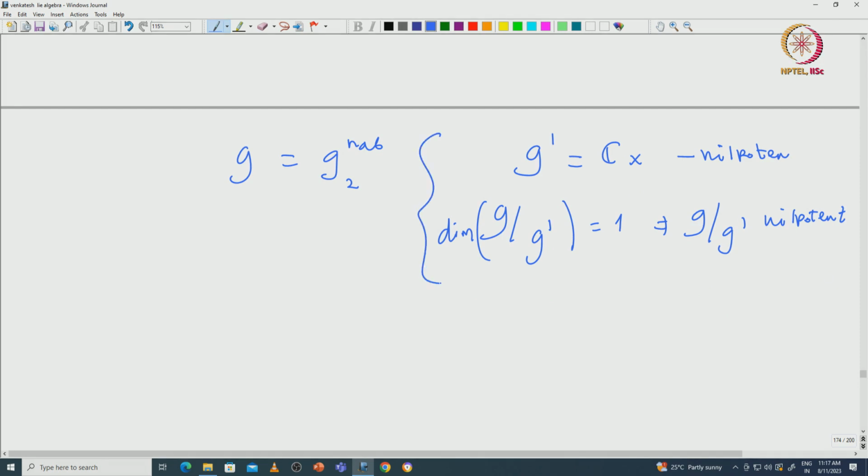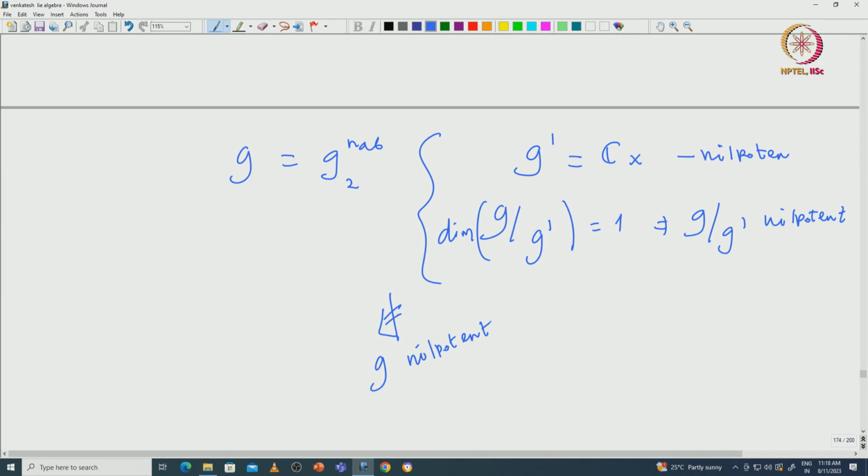So, even though there is an ideal, the derived algebra, which is nilpotent, and the quotient by it is also nilpotent, that does not imply that G is nilpotent.